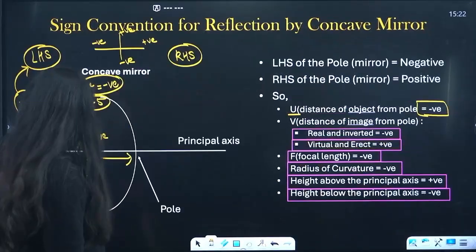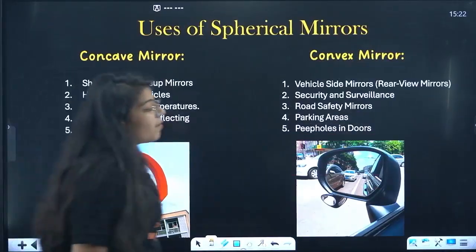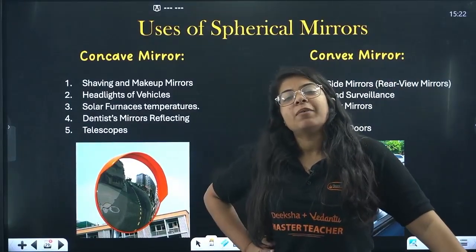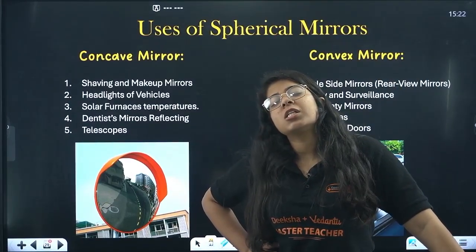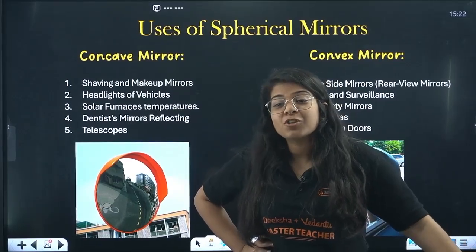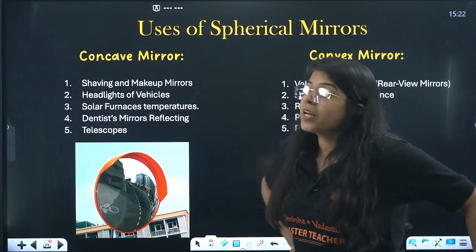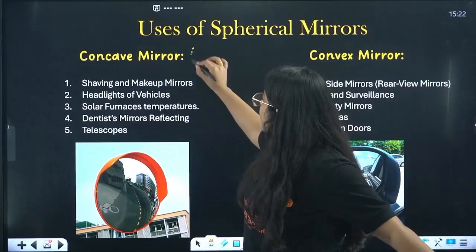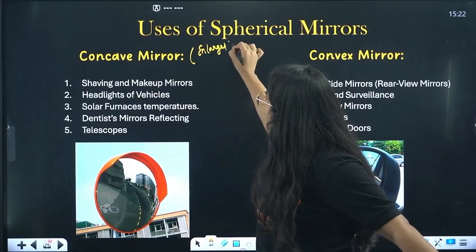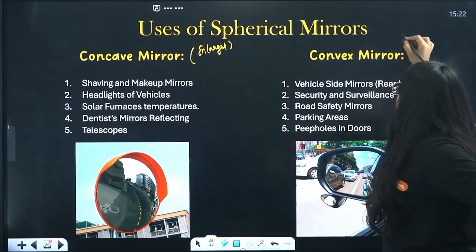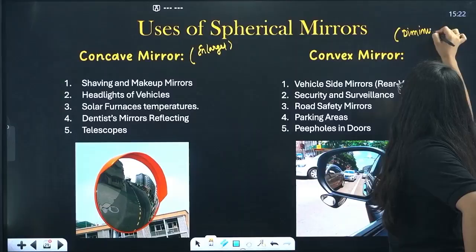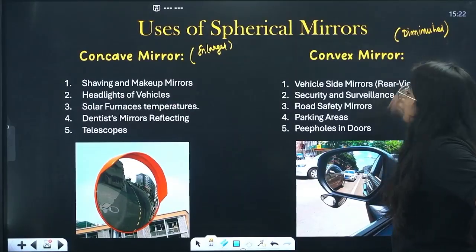Before that let's go through the uses of spherical mirrors. They will ask you a question like, tell me the focal length of a mirror used in a barber shop. Then you should know which mirror is used in the barber shop, right? So that's why uses are important. See beta, concave mirror makes an enlarged image. Convex mirror always forms a diminished image. We saw that both the cases it is forming a diminished image.